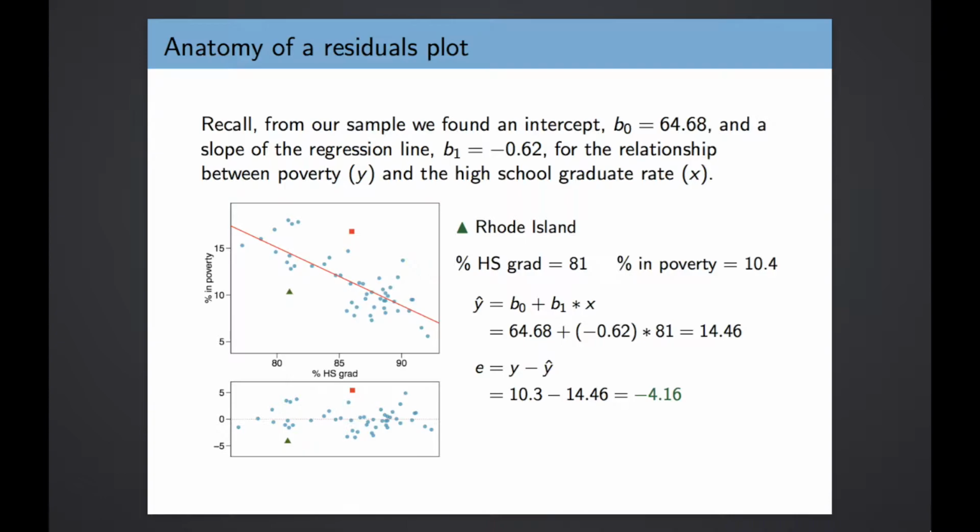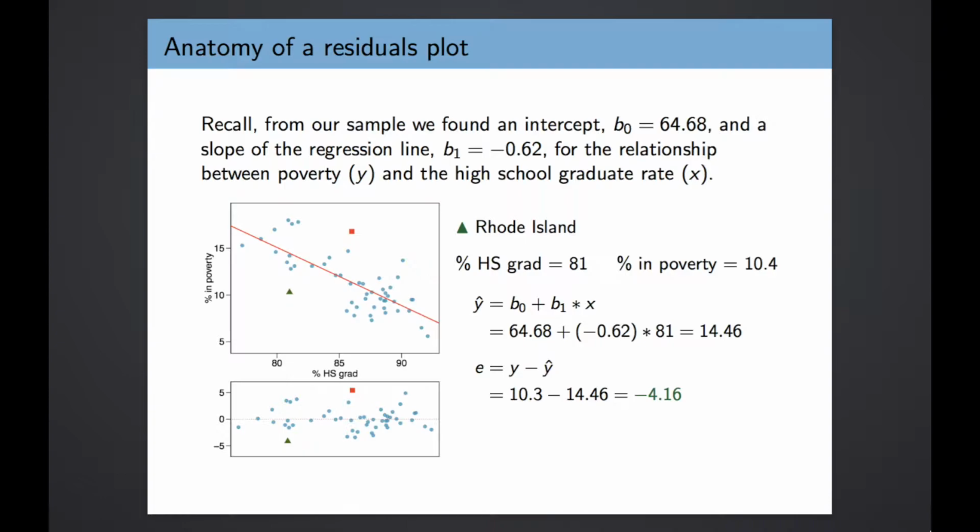And that's how all of these different residuals are plotted out in a residuals plot. So when we have just a bivariate regression, the residuals plot sort of looks like the plot of the data just tilted on its side so that the regression line becomes horizontal.